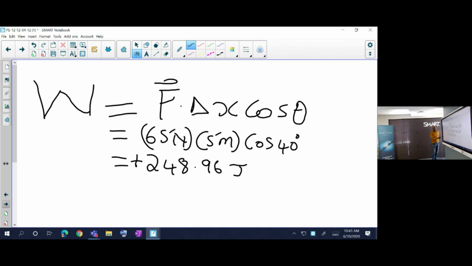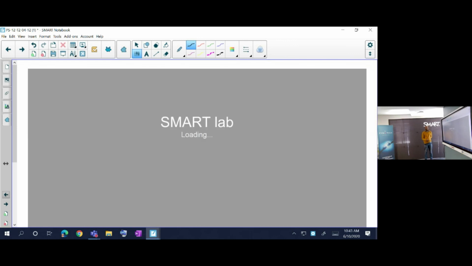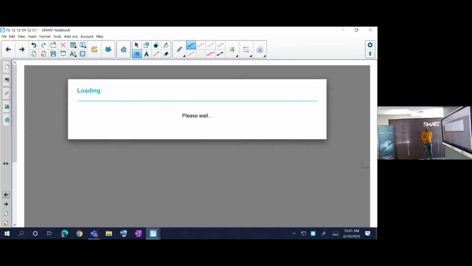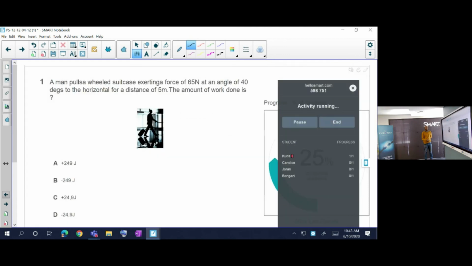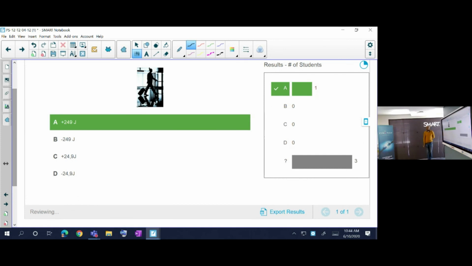Okay, let us go back. If you can look at this, the answer there is A. The answer there is A. It's very much important to indicate, is it positive?